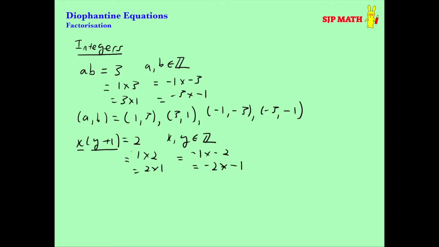So x can be equal to 1 and y plus 1 equal to 2, or x equal to 2 and y plus 1 equal to 1, and so on. It's interesting, because we only need an integer expression times an integer expression equals an integer to do this kind of casework.